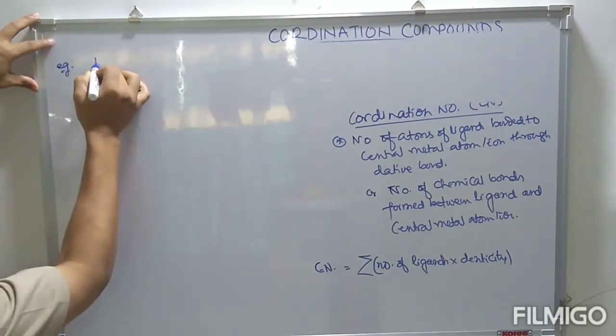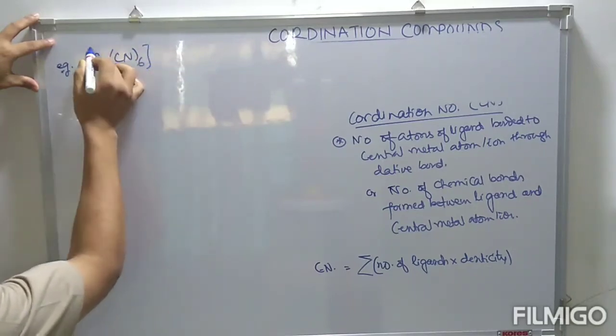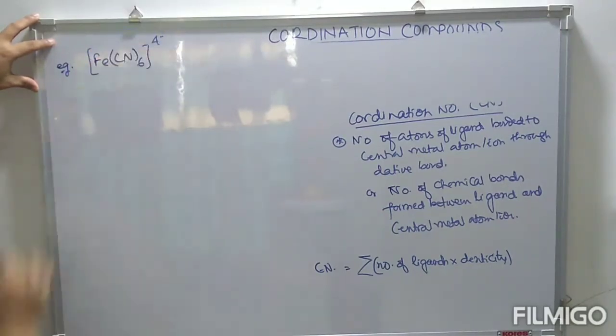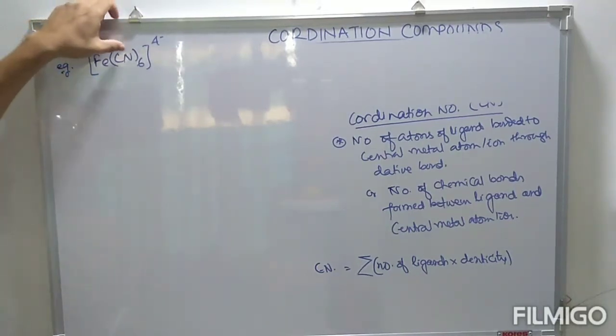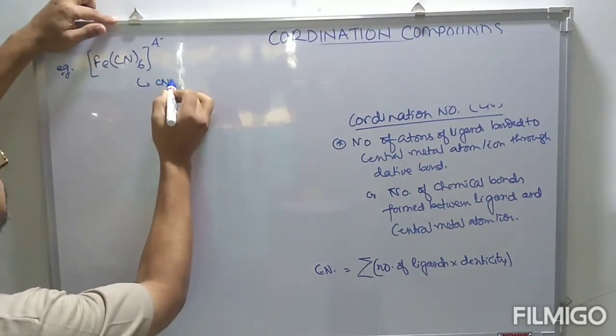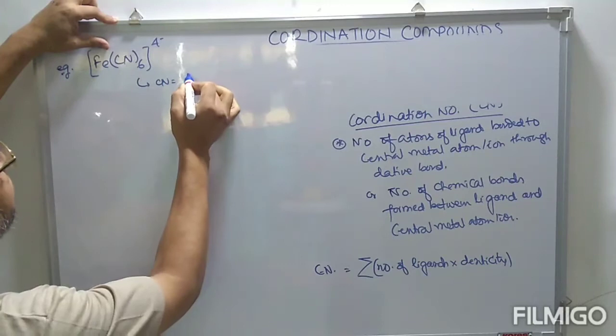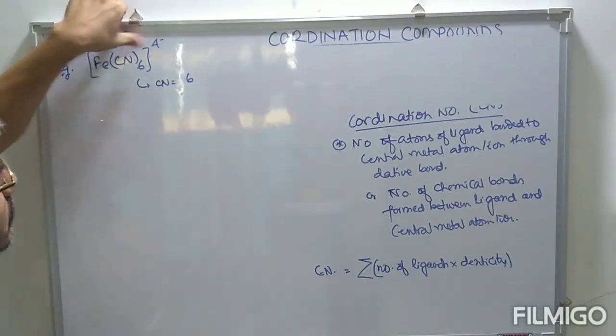Example, take this Fe(CN)6 4 minus. So look at this. This central metal is bonded to 6 cyanide ions. So therefore, the coordination number of Fe is 6. 6 ligands, denticity is 1.